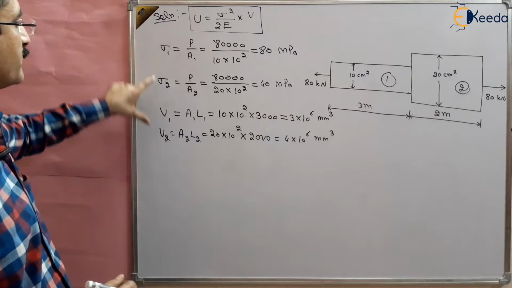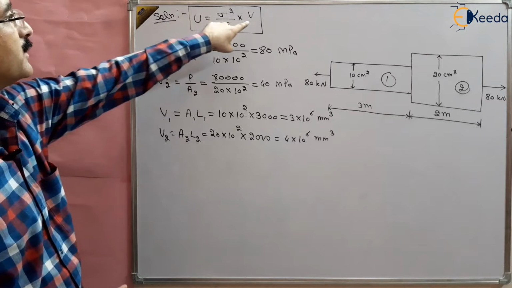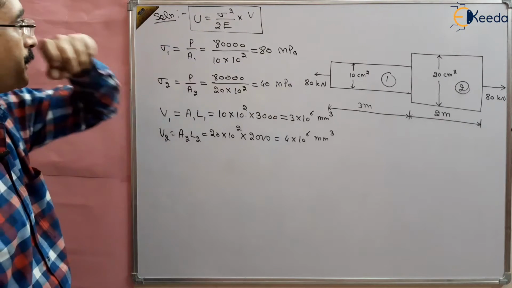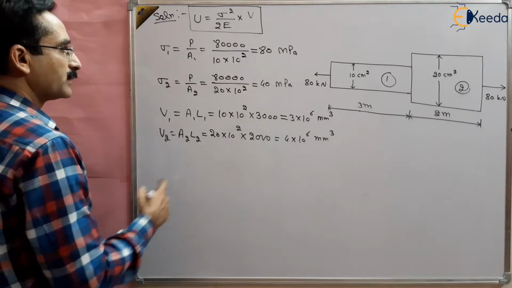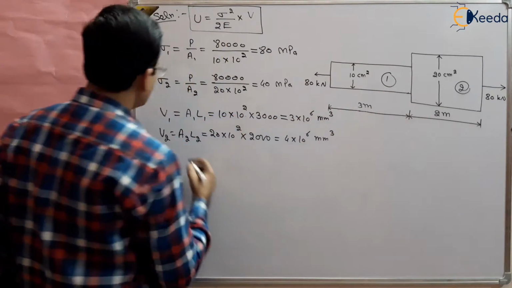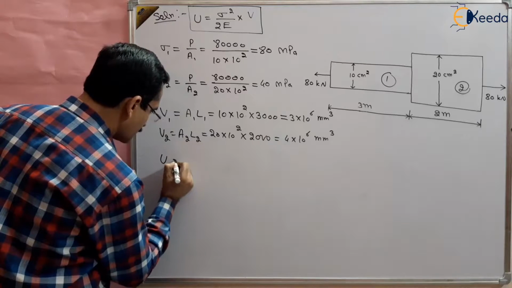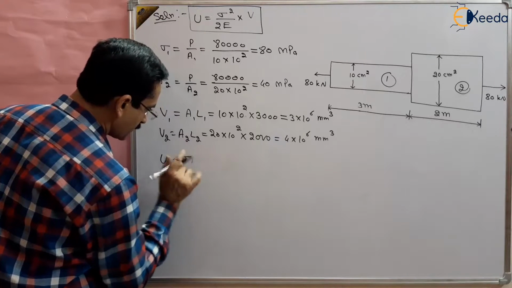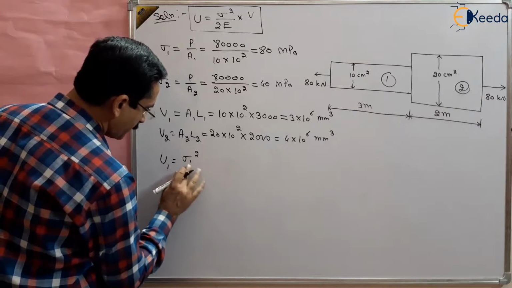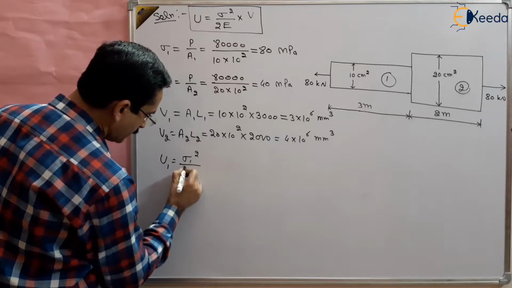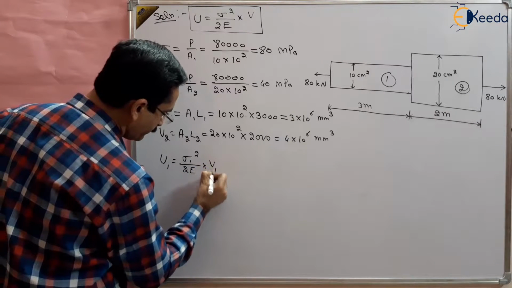So stresses are there, volumes are there, we can find out the strain energy stored in each part, right? E is the same for both the parts of the specimen. So U1 will be equal to sigma 1 square upon 2E multiplied by volume, right?